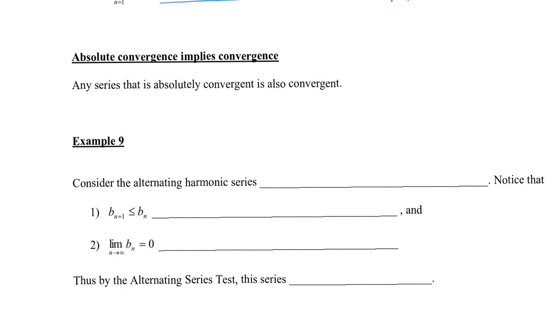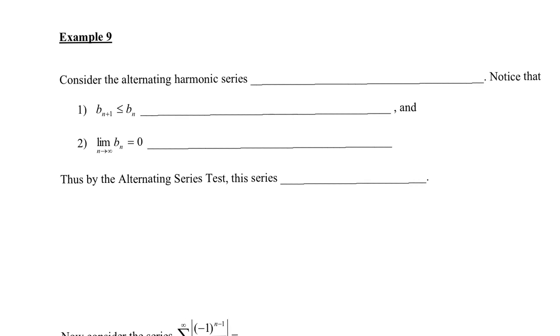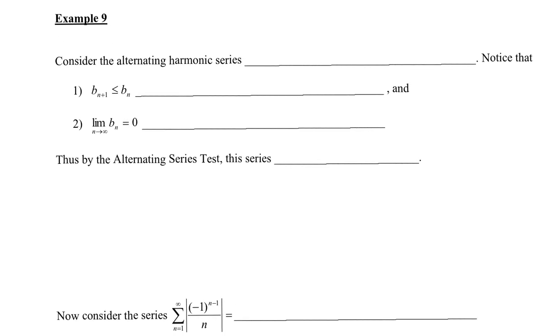All right, so with that in mind, let's check out example number 9, which says consider the alternating harmonic series, which we've seen. The sum from n equals 1 to infinity of negative 1 to the n minus 1 over n, which equals 1 minus 1/2 plus 1/3 minus 1/4 plus and so on.